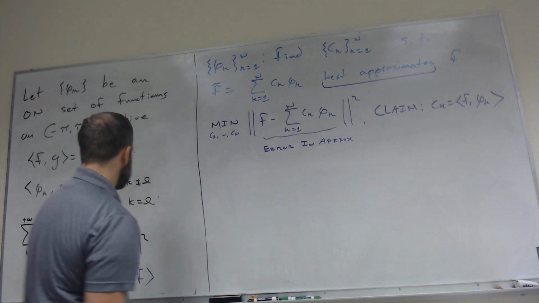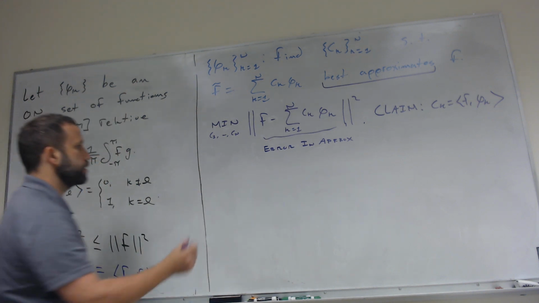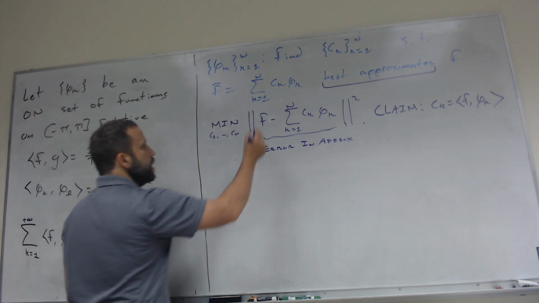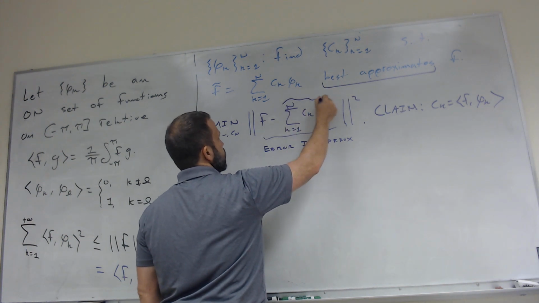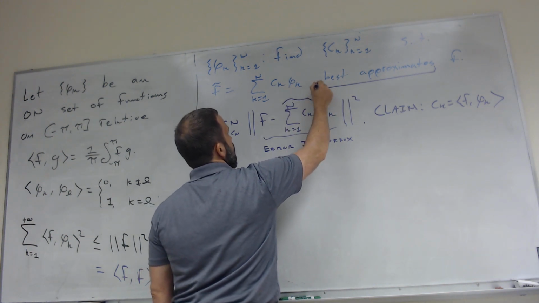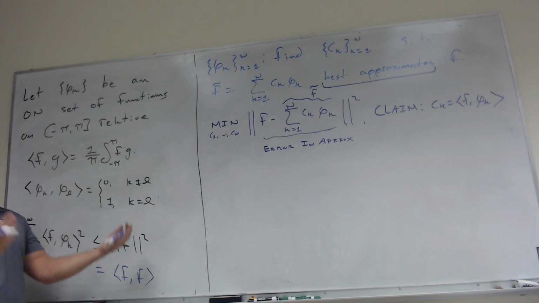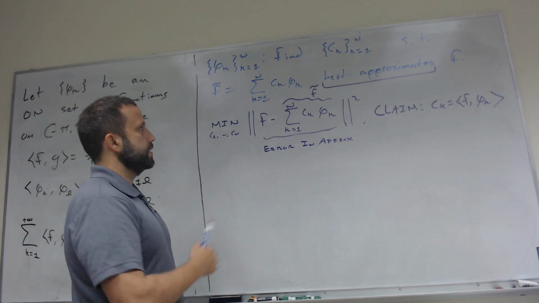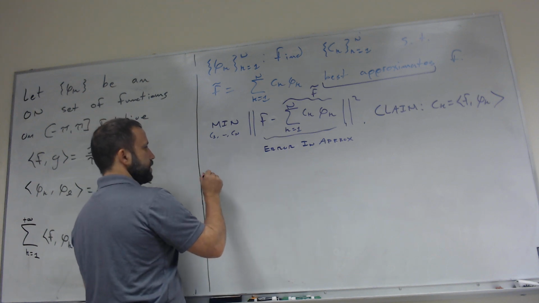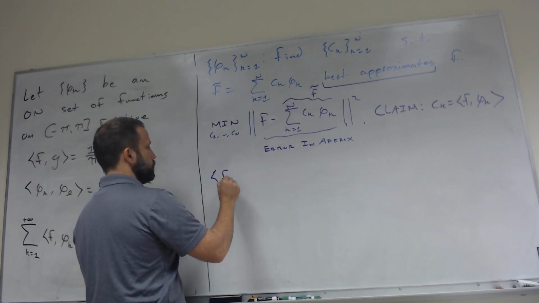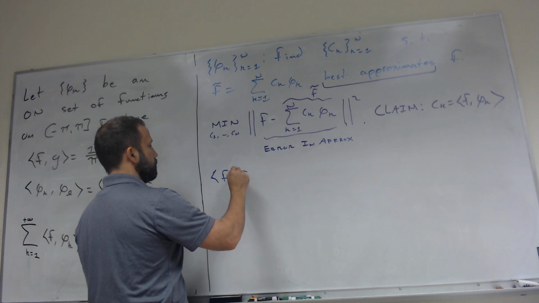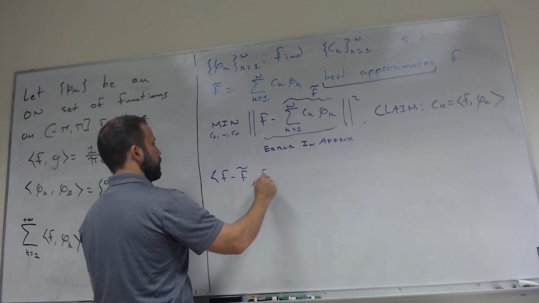Okay, but if I just compute this, I'm going to compute the inner product of this function with itself. For ease of notation, I'm going to call this f tilde, meaning the approximant.